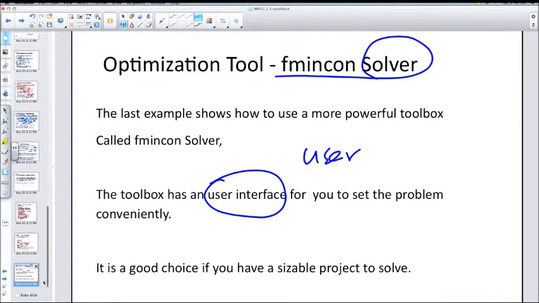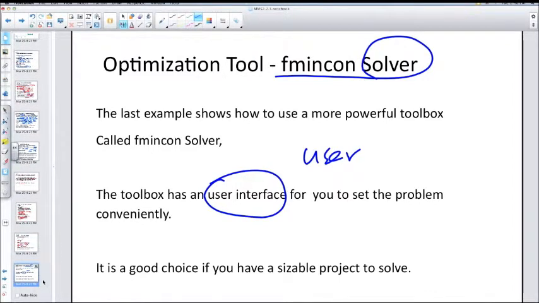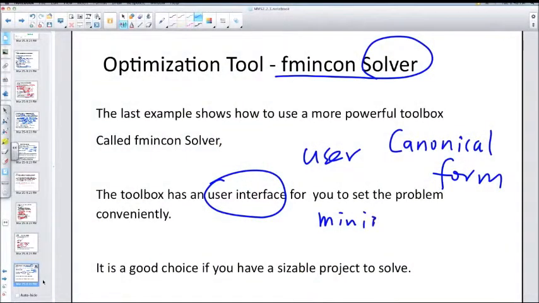What I need you to be careful about is, again, the canonical form. You need to keep a few things in mind. They're always very strict. First, you minimize f. Second, all inequalities must be like this.